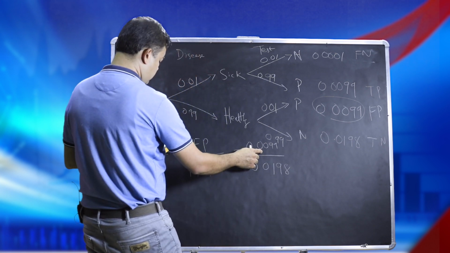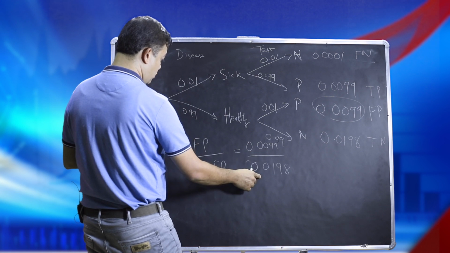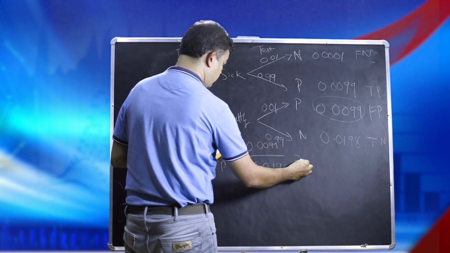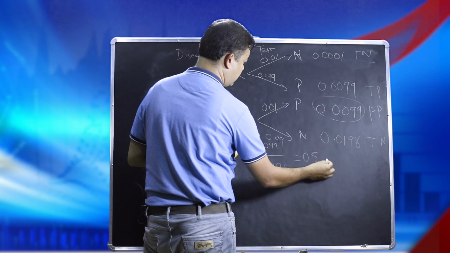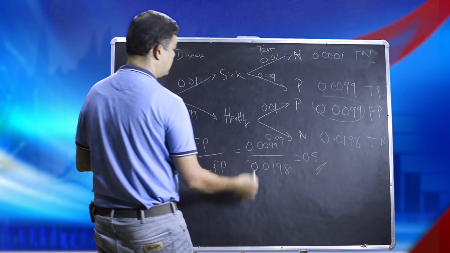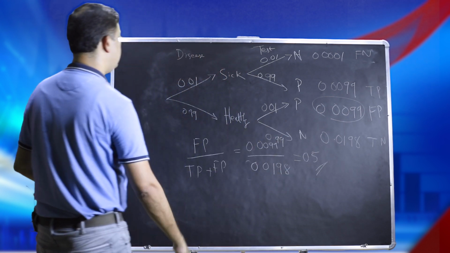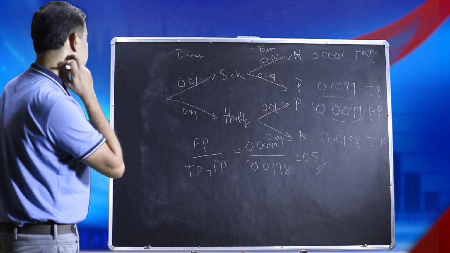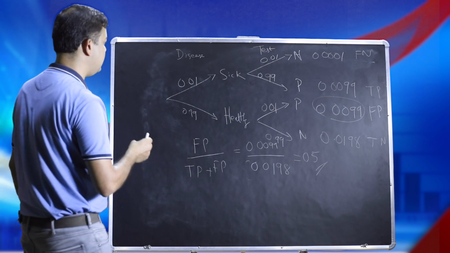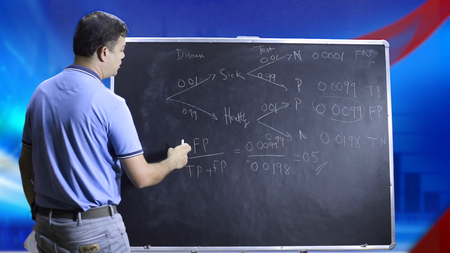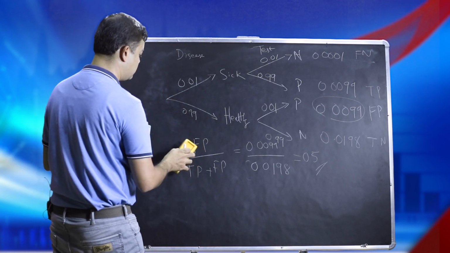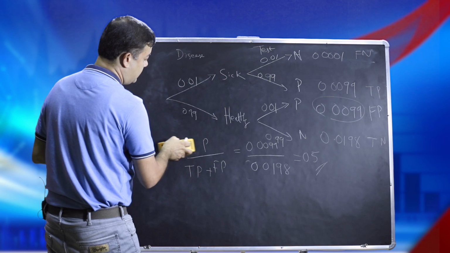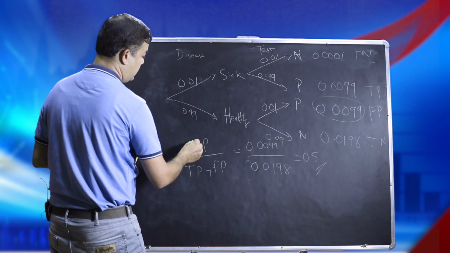So 0.0099 divided by 0.0198 is equal to 0.5. So that is the same answer that we got earlier using our equation. So this is a very, very easy way to calculate that. The calculation has to be based not on the false positive but on the true positive, because we are now testing whether the person is truly sick, if the test is positive.